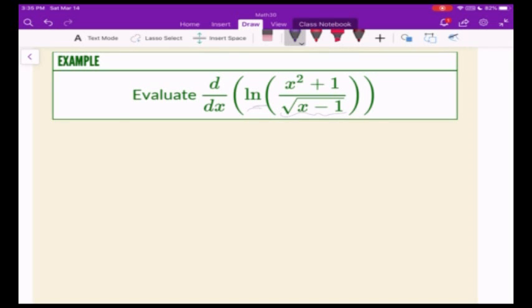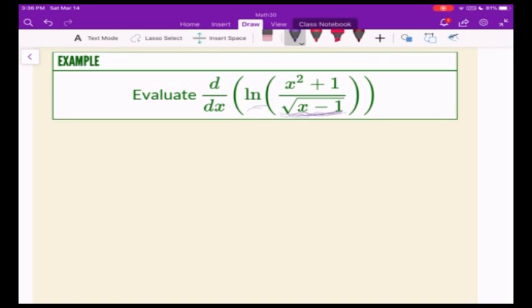Okay, so let's try to take the derivative of this guy. Notice we've got a natural log function and then something inside, whatever that is. So remember, derivative of natural log of x is just 1 over x.